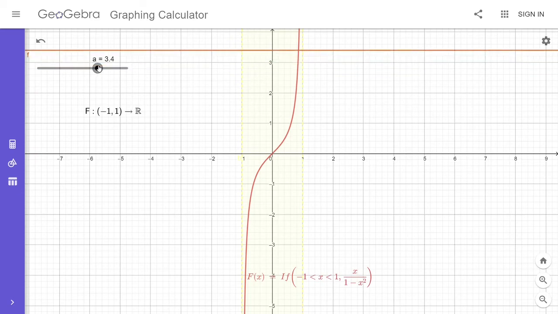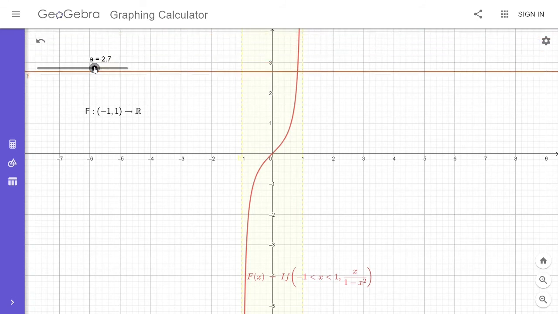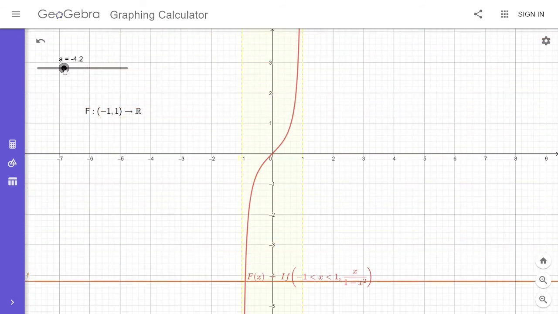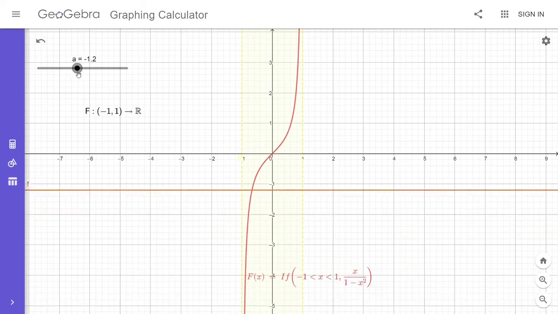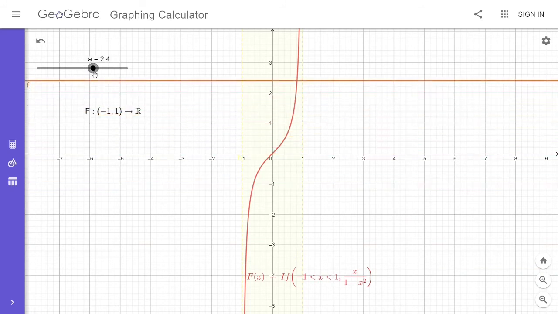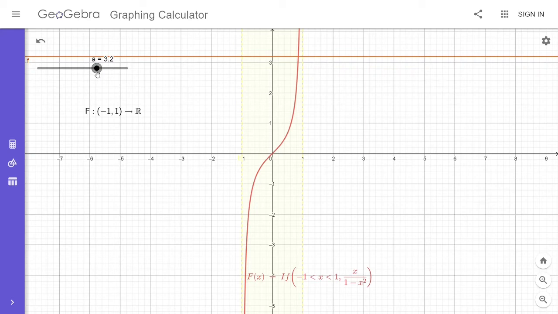We run a horizontal line all the way through our graph, parallel to the x-axis, and we can see that the horizontal line cuts the graph, and in fact cuts the graph exactly once in the entire breadth of R or the y-axis. Therefore, this function cuts the graph, hence it's onto. It cuts exactly once, hence it's 1-1 and onto. So by the horizontal line test, we concluded that it's 1-1 and onto, or it's a bijection.